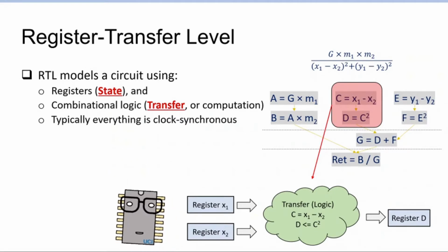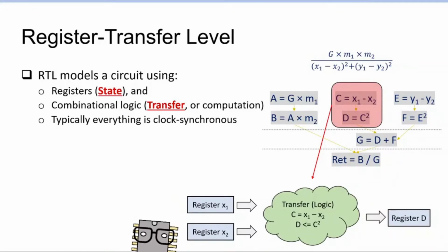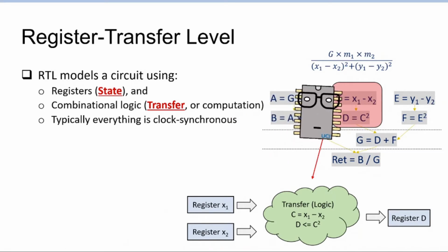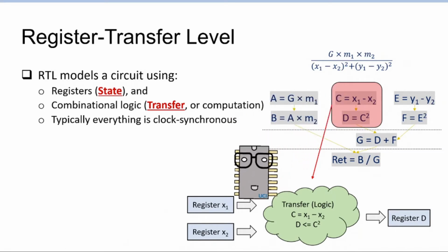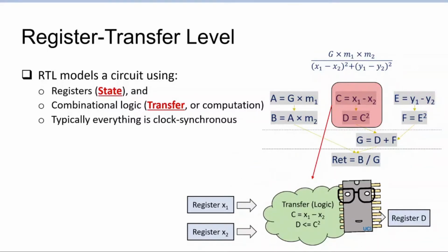At the next clock cycle, this portion of the RTL will read register x1 and register x2, which should have been written by someone in the previous clock cycle.